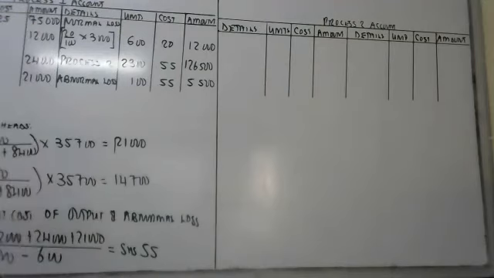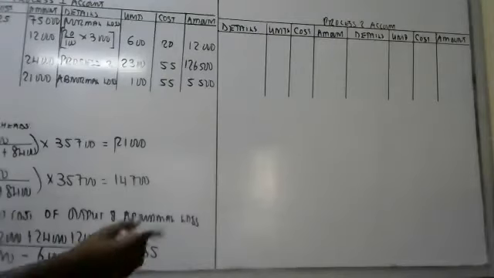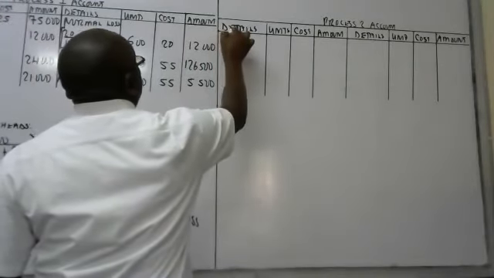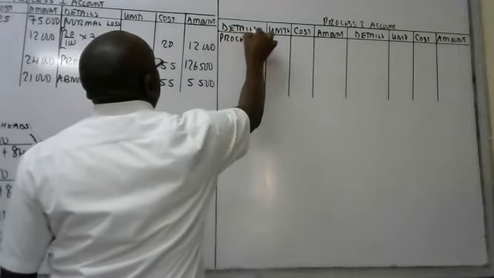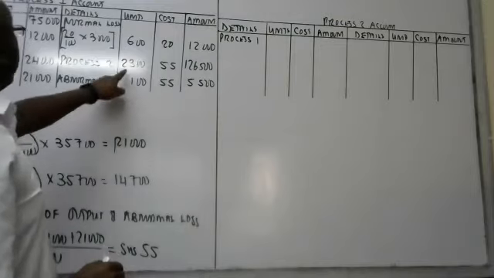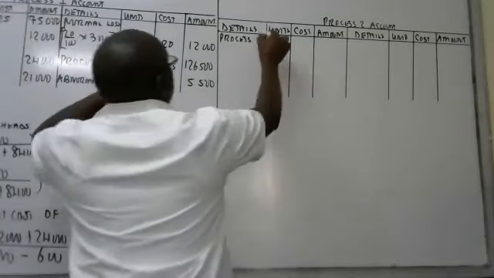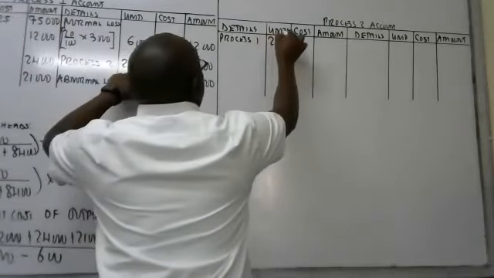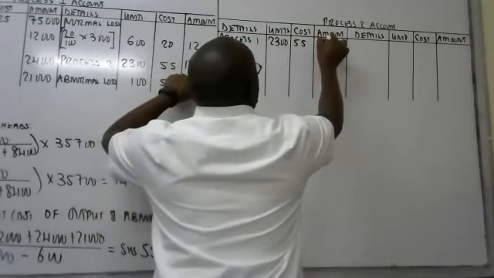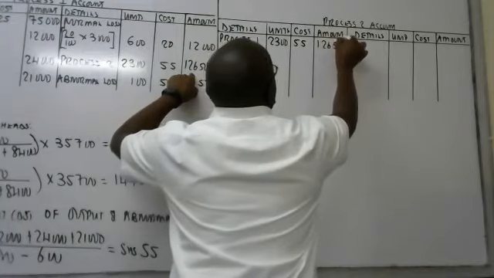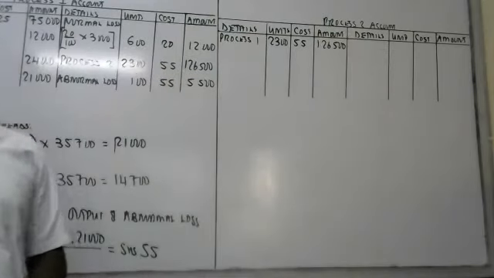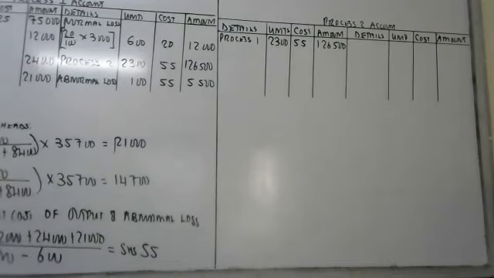So if you have finished drawing process 2 accounts, we always begin by bringing what has come from process 1. Process 1, we bring this one, 2,300 at 55, 126,500.